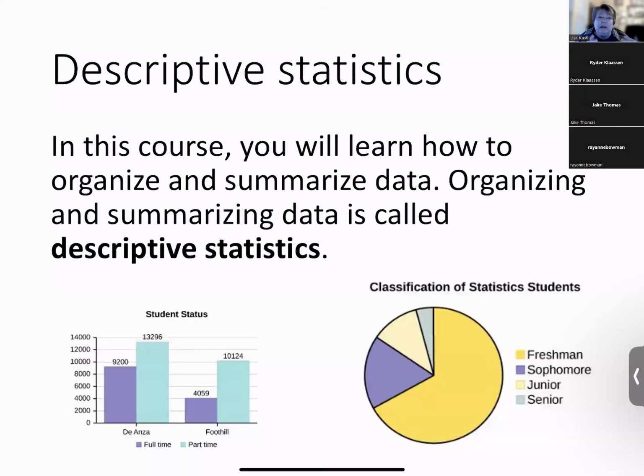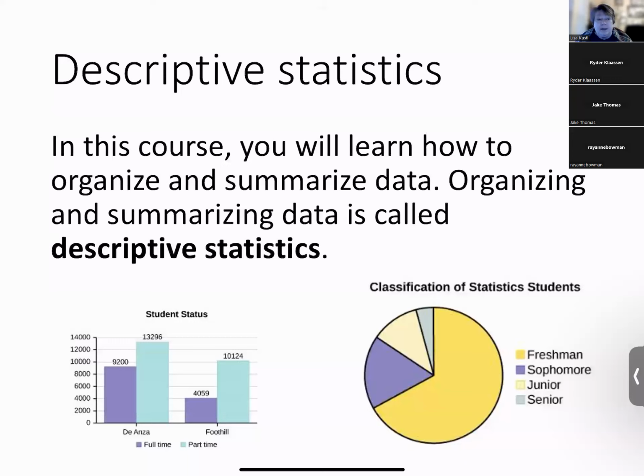So of the classification of statistics students, the vast majority of them are freshmen. So you can see that immediately from the pie chart. I don't know the exact numbers, but I could certainly ask the researcher, well, what's your data? Can I see your raw data? And they can tell me how many statistics students are actually classified as freshmen.